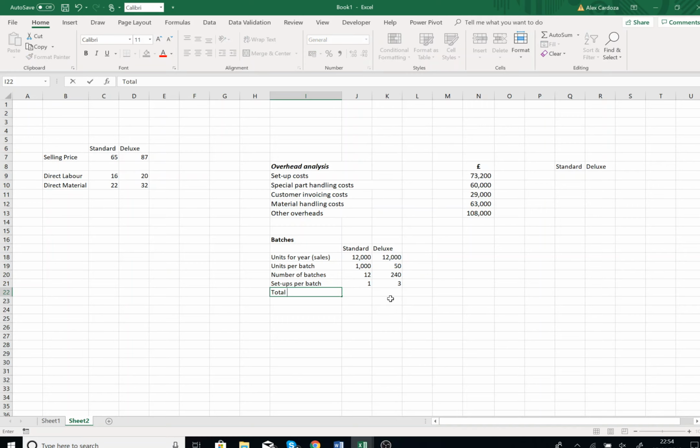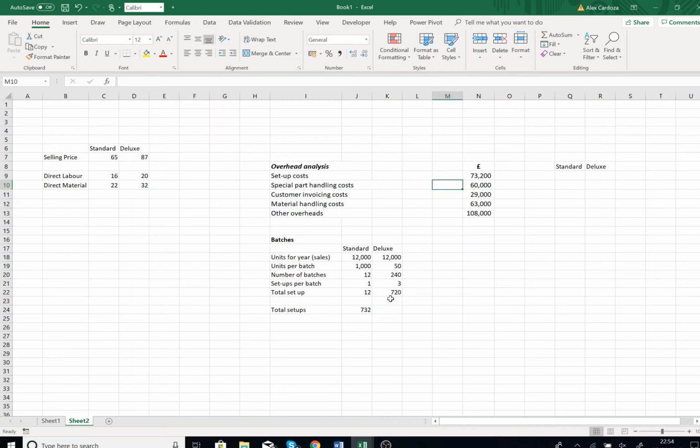So you've got total setups, which is going to be that times that. So 720 setups and 12 setups. So the total setups are that.